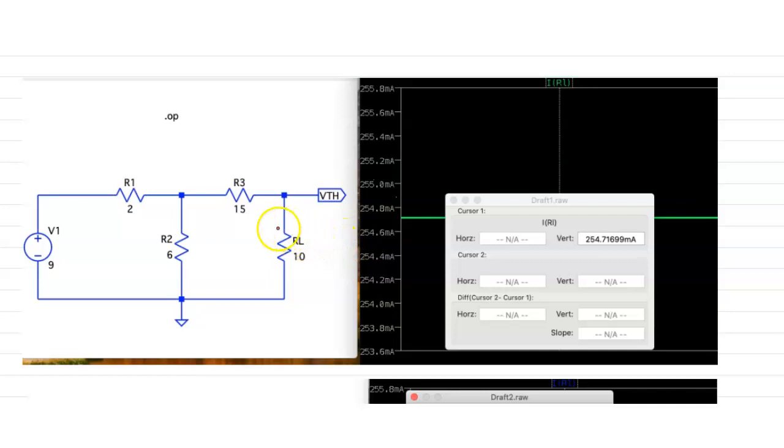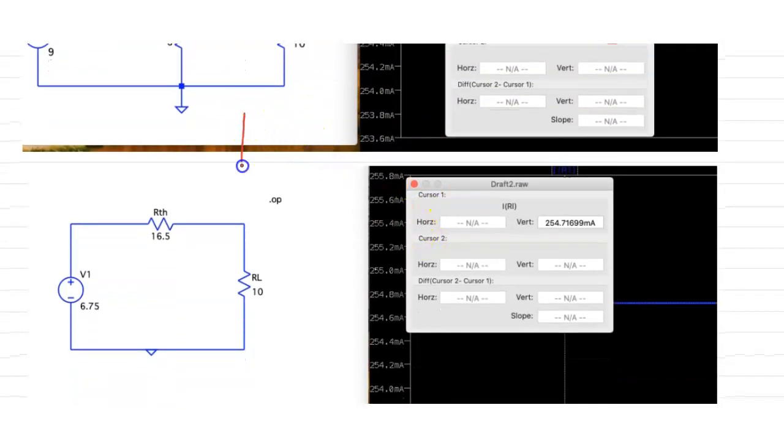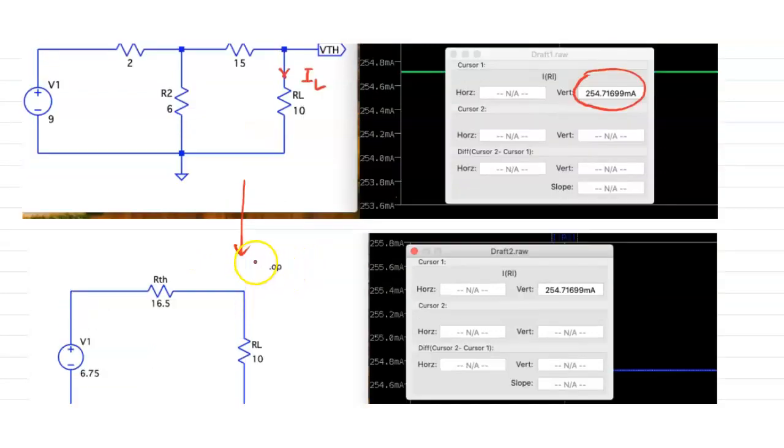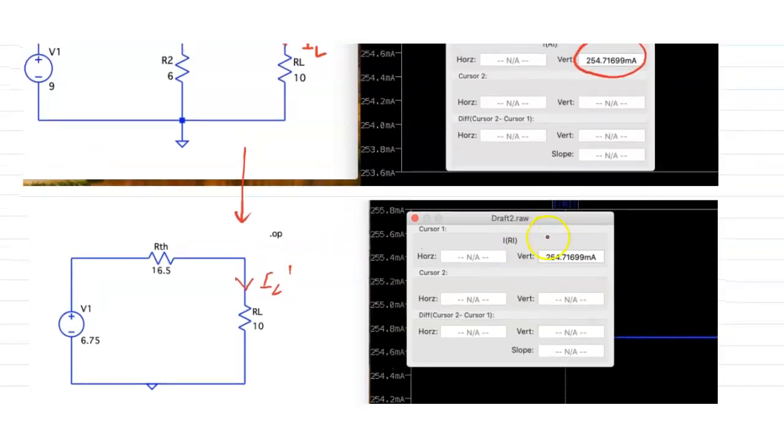The current in this load resistance, that is IL, is 254.7169 in the original circuit, and when we make the Thevenin equivalent circuit, that means VTH is 6.75, RTH is 16.5 ohm, and RL is 10 ohm, then suppose the current in this resistance is IL dash, which is exactly the same, 254.7169.